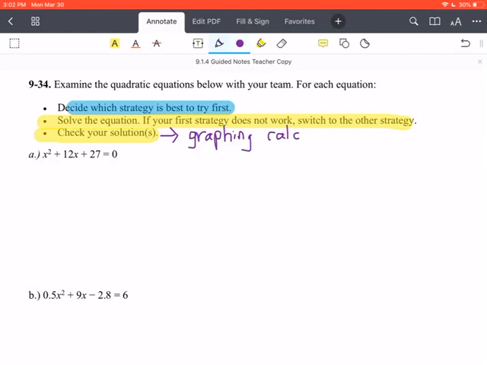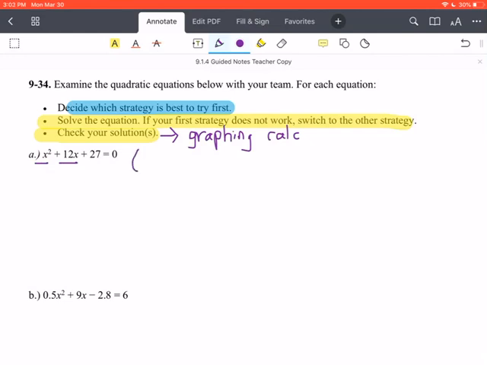Okay, so let's go ahead and look at the strategies that we would think might be best. Okay, so when I look at A, I see that there is a 1 on x squared and there's an even number on my x term. So some people might argue, let's do completing the square. Okay, but also in your head, you might think, well, all of those numbers are pretty nice. When I have 1 on x squared, if I think of 1 times 27, surely there's 2 numbers that multiply to be 27 but add to be 12.